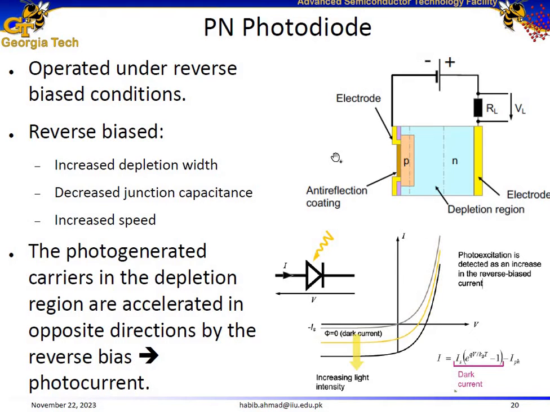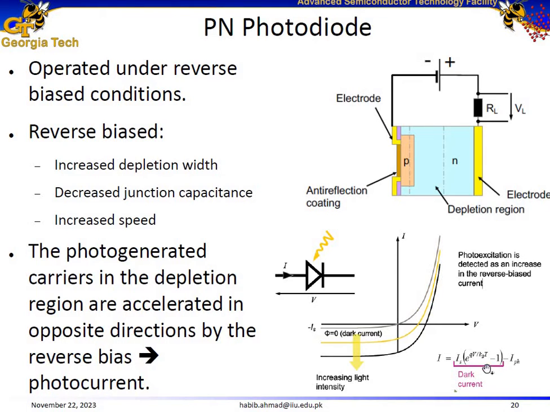Under the application of light, when light is incident onto the surface of this photodetector, it is going to result in the generation of electron-hole pairs, resulting in an increased current represented by the yellow curve. And if we further increase the intensity of the incident light, it is going to result in a further increase in this current. The net current is the difference between the dark current or the diode current and the photocurrent.